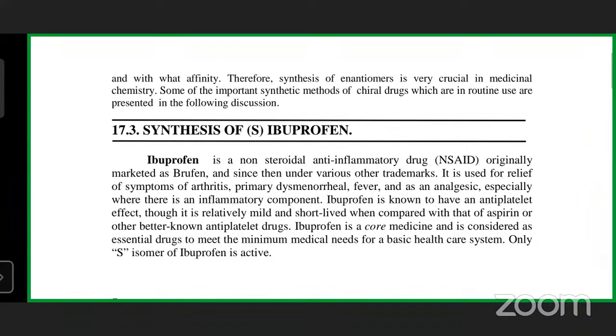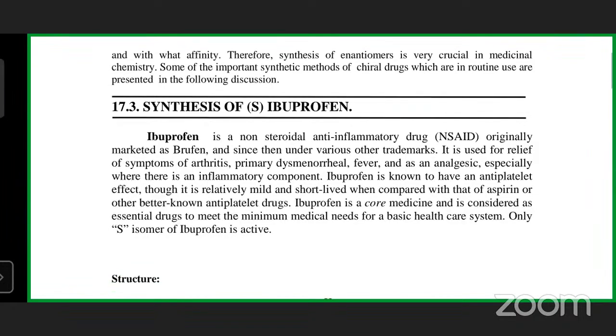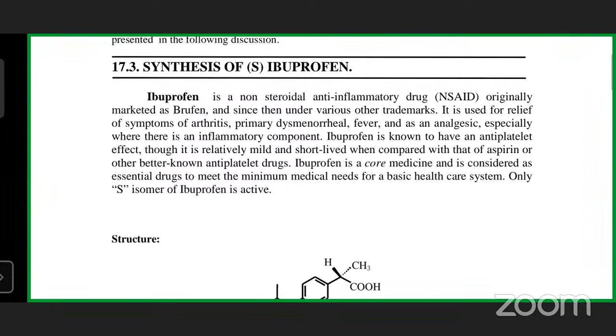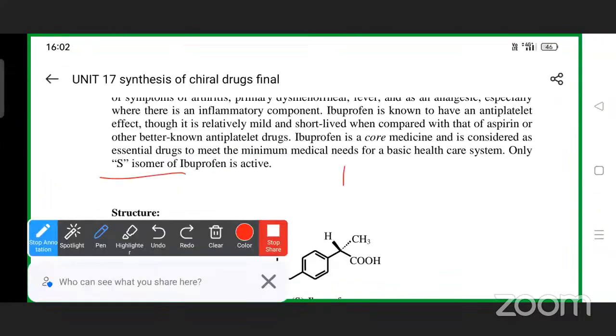Many problems like fever and other inflammatory problems can be cured by this Brufen or ibuprofen. The S isomer is active and the R is inactive. Only the S isomer is the active one.